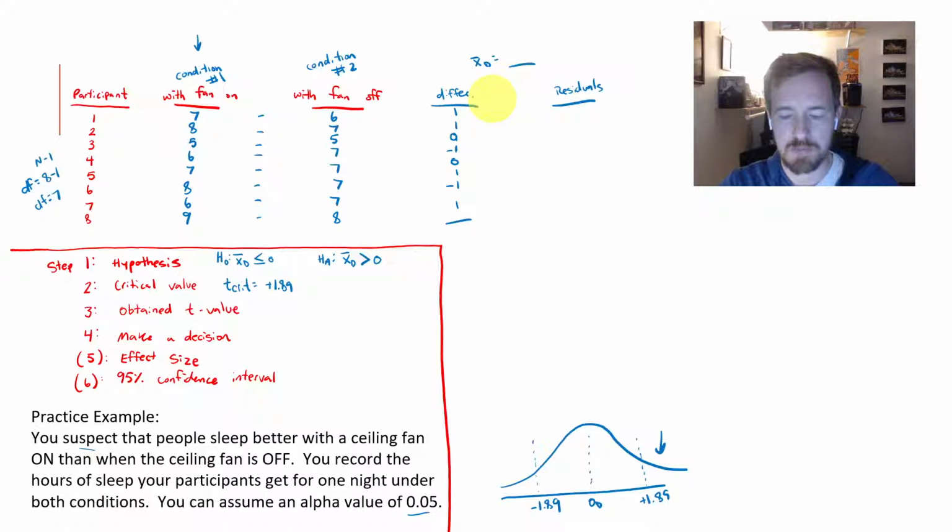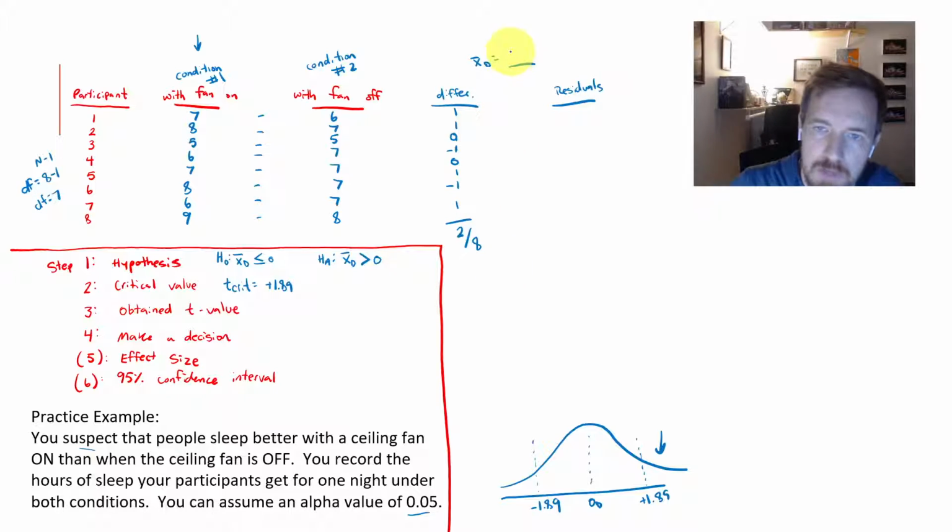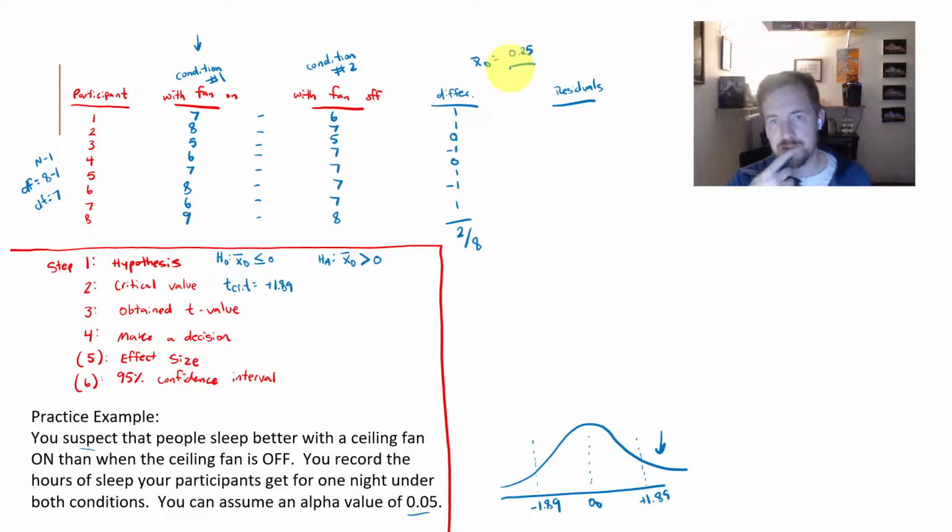Sorry, y'all. 1 plus 0 plus negative 1 plus 0 plus 1 plus negative 1 plus 1. I'm getting 2, which sounds right to me. So that's 2, and then I'm going to be dividing that by 1, 2, 3, 4, 5, 6, 7, 8. So it's going to be 2 divided by 8 is going to give me 0.25. So my mean difference is going to be 0.25.